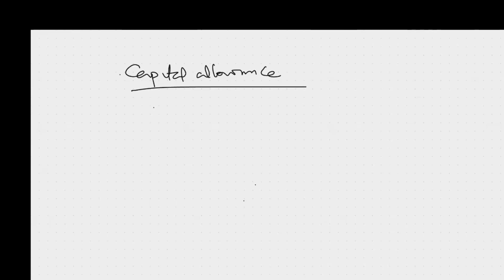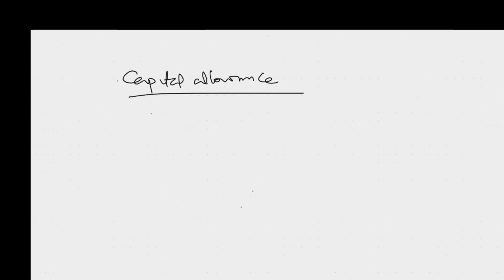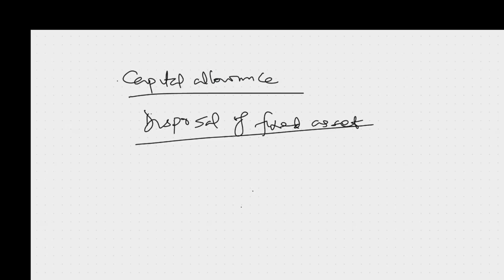In that question, there was a disposal of fixed assets, and I think we just completed the question without taking cognizance of the disposal. So we need to check that now.